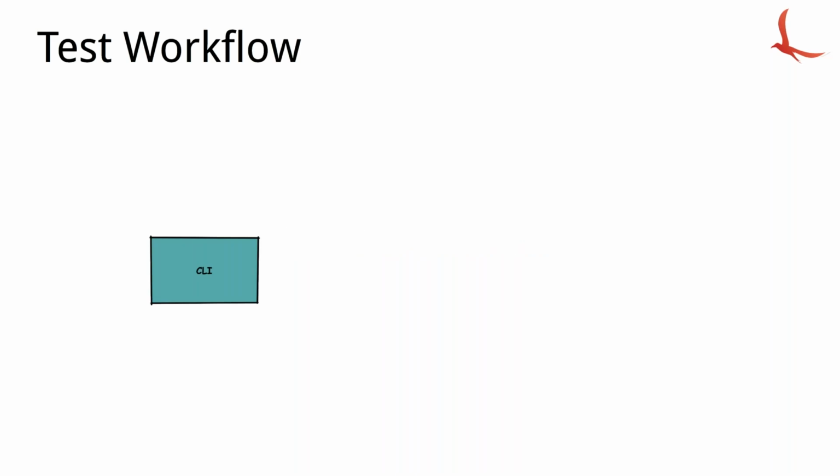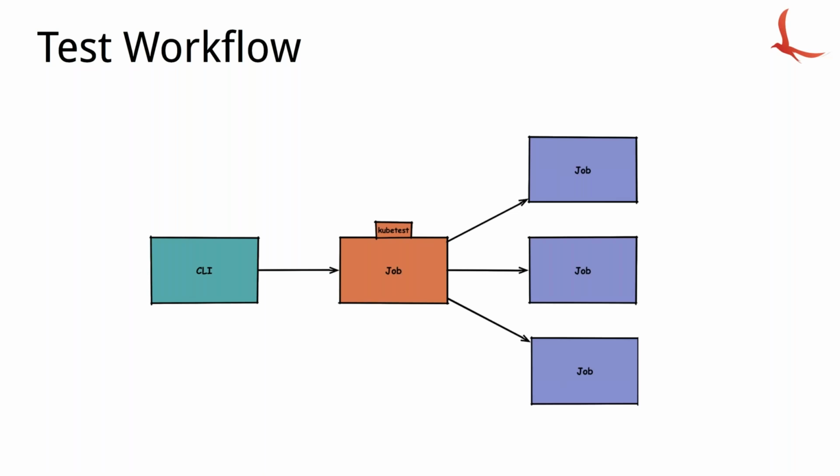When you run onit test now, you can give it several suites to run, and it'll run each suite inside a different namespace. So it has a new kube test namespace, which is just a namespace that jobs run in that manage the tests. And so when you run some suites, it will deploy a job inside the kube test namespace.